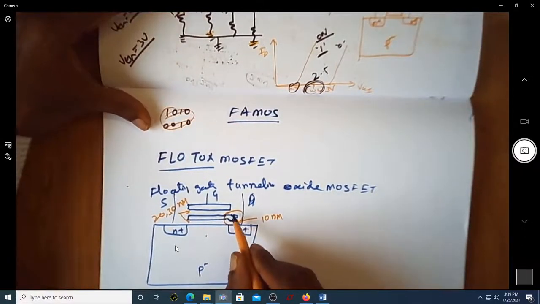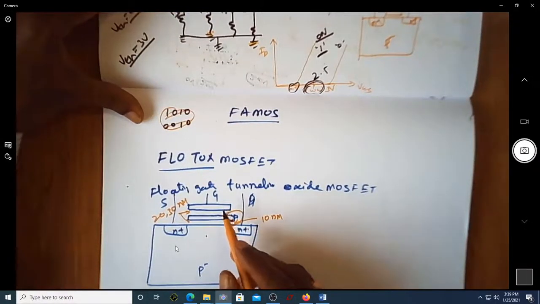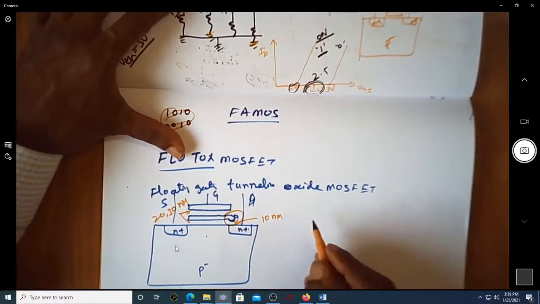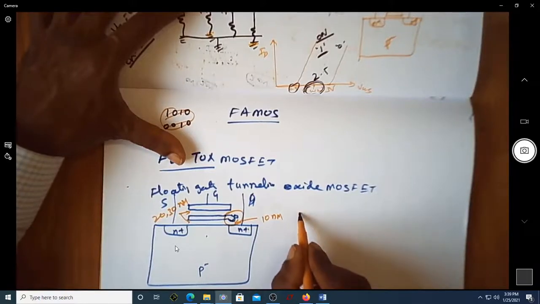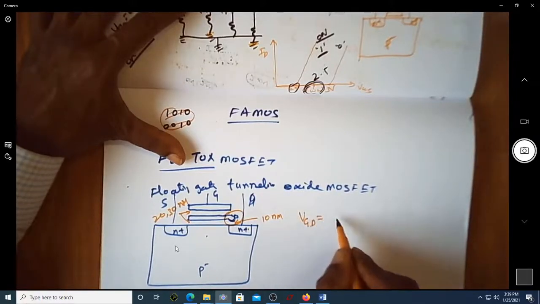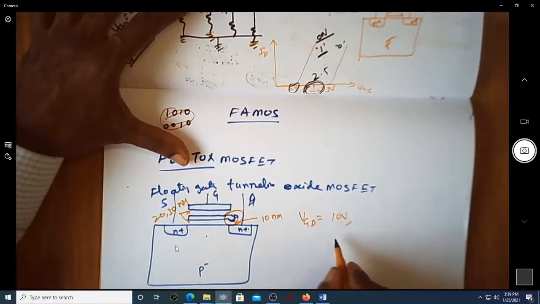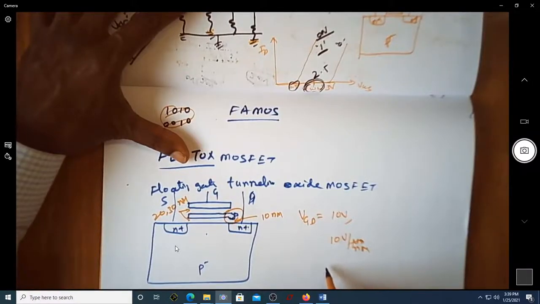Because of this physical structure of the floating gate towards the drain side, even if you apply VGD equal to around 10 volt, which results in an electric field of 10 volt per nanometer, that comes out to an electric field of 10 power 9 volt per meter.